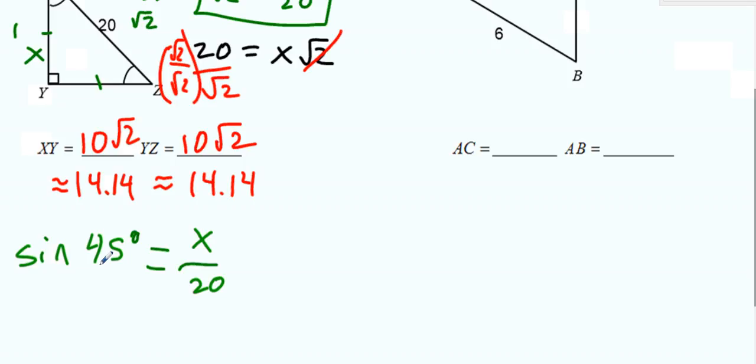And then you remember that sine 45, if you did the left-hand trick, that would be square root of 2 over 2. Put your middle finger down to get 45 degrees. And then you cross multiply that. You get the same answer, 10 square root of 2.